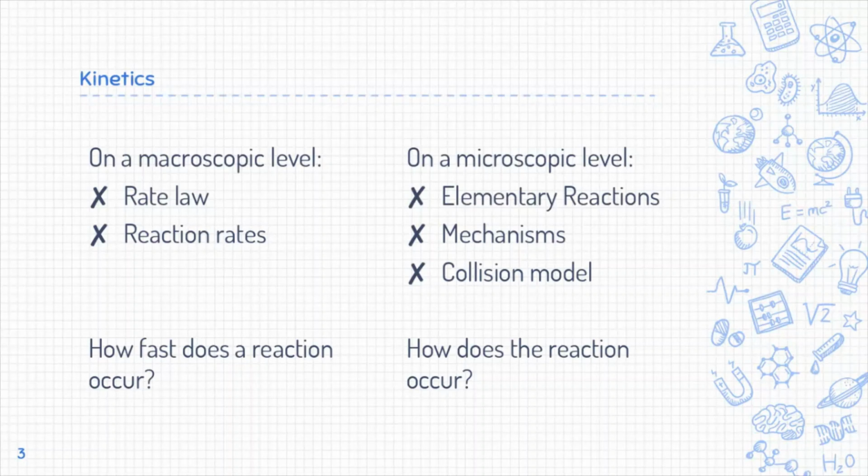So keep these in mind and don't forget about the difference between macroscopic and microscopic. You'll honestly never see an exam that explicitly talks about macroscopic and microscopic, but it is definitely going to help you have an understanding of chemistry overall. Okay. Any questions?